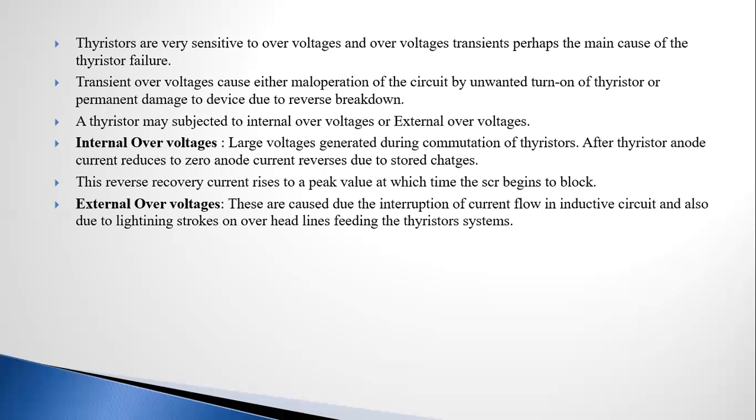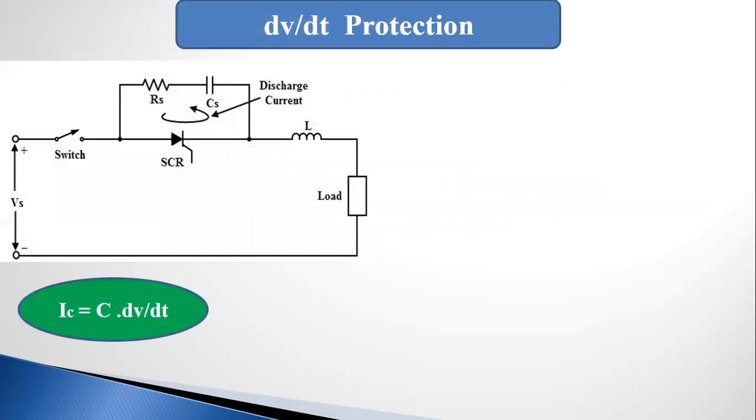This reverse recovery current rises to a peak value, at which time the SCR begins to block. External over voltages are caused by the interruption of current flow in inductive circuits and also by lightning strokes on overhead lines feeding the thyristor system. So this is all about the concept of over voltage protection.